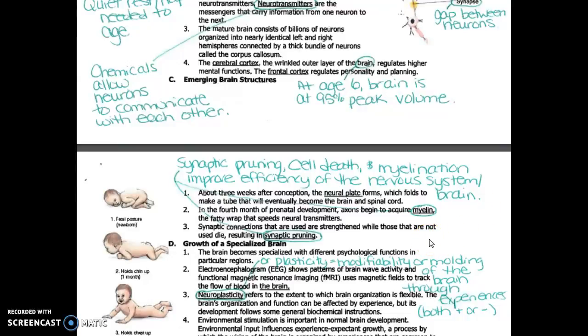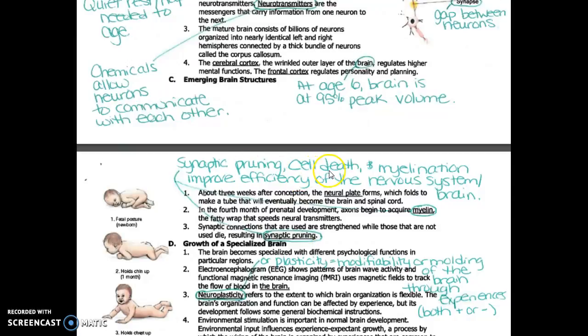So if the baby is not being spoken to or not being exposed to a lot of stimulus, you start seeing some synaptic pruning. Some of those synapses, those spaces in between neurons, die. They go away to allow the brain to become more efficient, essentially.